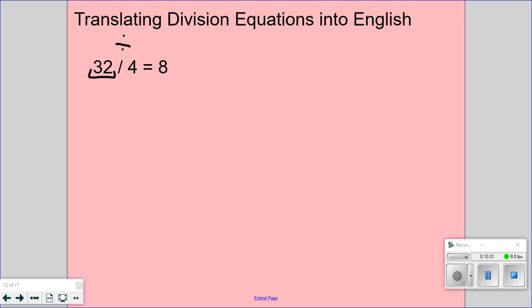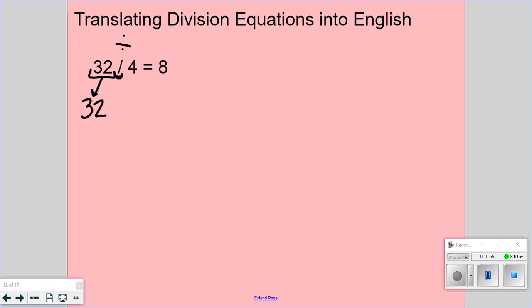Heidi? 32. I'll let you rewrite it as a number. What does our division symbol mean? When we are dividing, what is it that we are doing? Ariana?